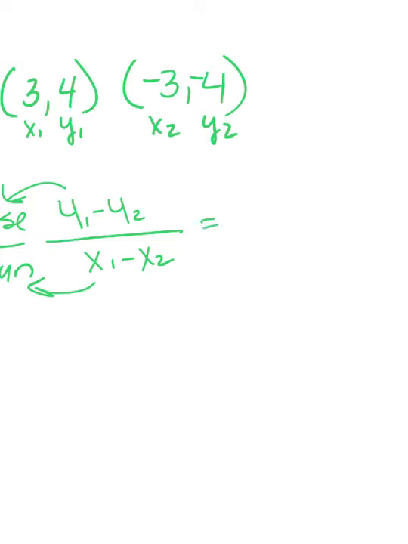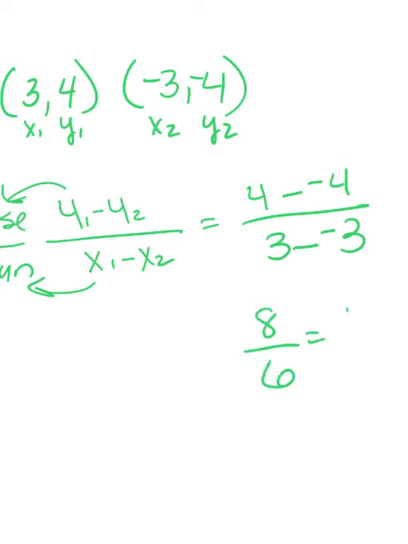So let's just put this in the formula. y1 is 4 minus negative 4 over 3 minus negative 3. Everybody get that? So this is going to be 8 over 6, which is 4/3. This minus sign is part of the formula. This minus sign is part of the number. You have to put both of them in there.